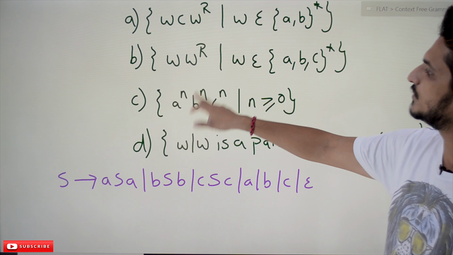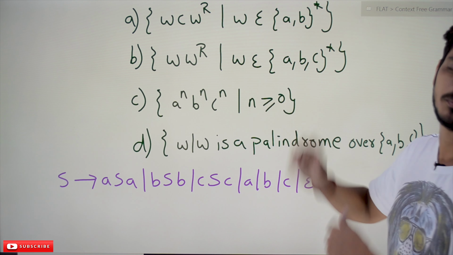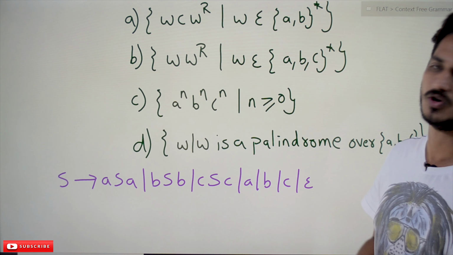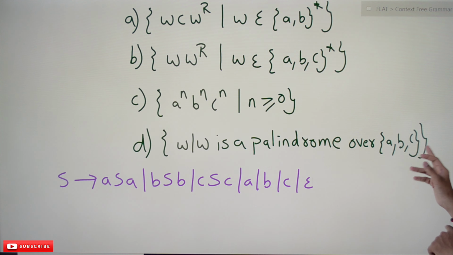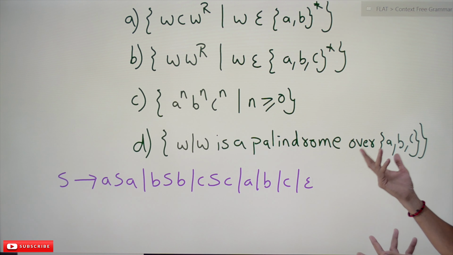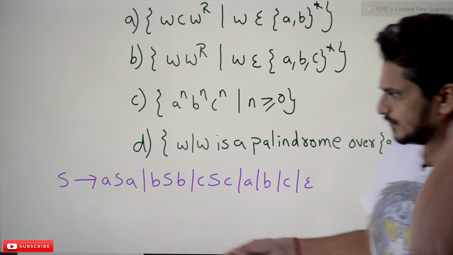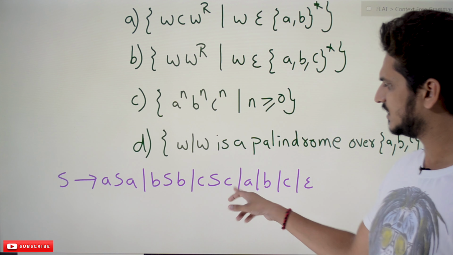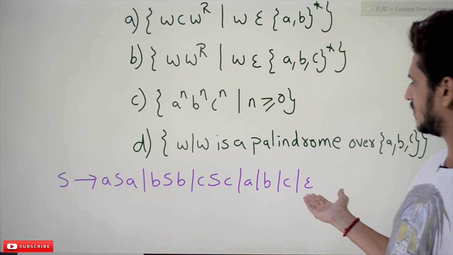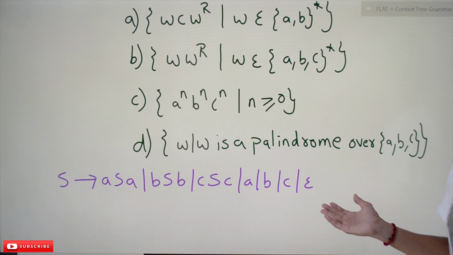The next one is a power n, b power n, c power n, which is not possible. We cannot solve this using pushdown automata. Next one is w, where w is a palindrome over a, b, c. Whatever the variables are, the palindrome logic is: a, check for a; b, check for b; c, check for c; or you can stop using epsilon.